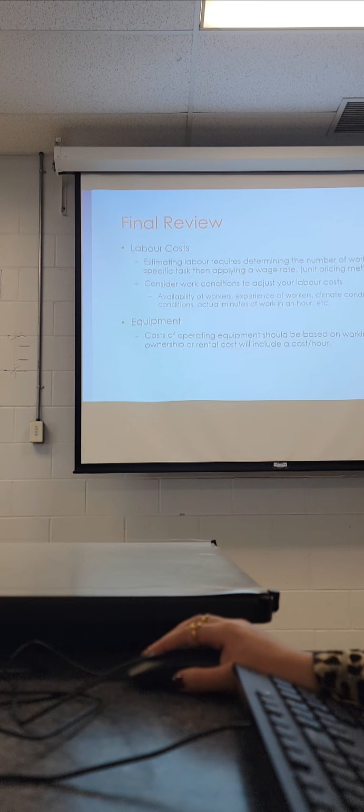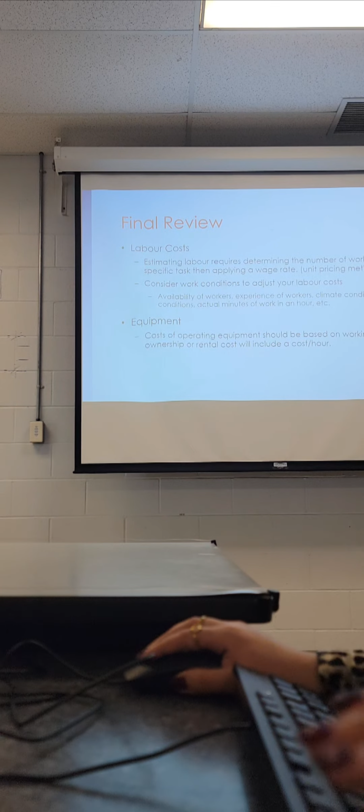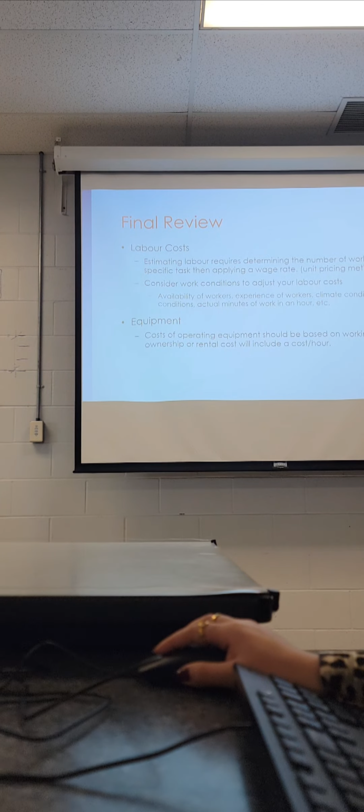I probably only have one or two questions on labor costs, but what would you consider when you're trying to estimate labor? What are some of the factors? Like, how much is it going to cost for somebody to build the basement walls? Work efficiency, like you said, 40 minutes, well, you work for an hour, but that's only about 40 minutes of productivity. Climate, weather.